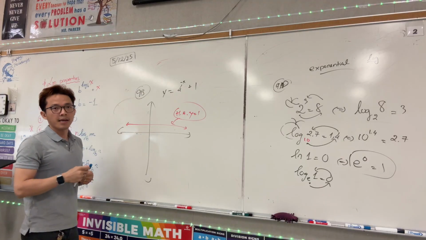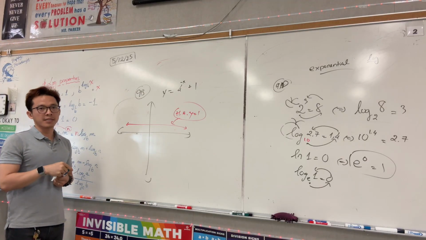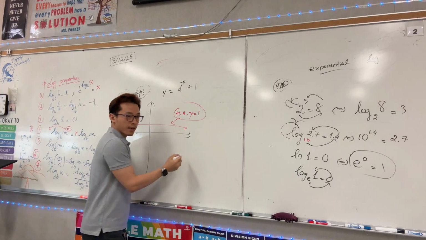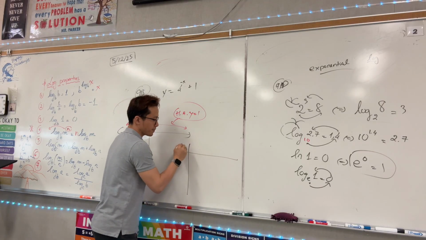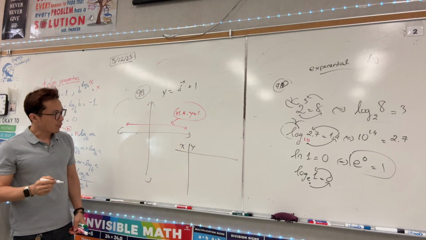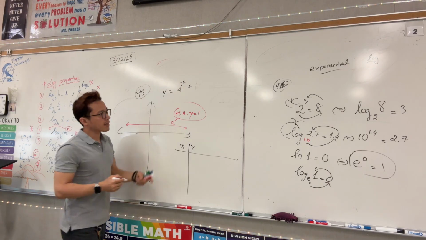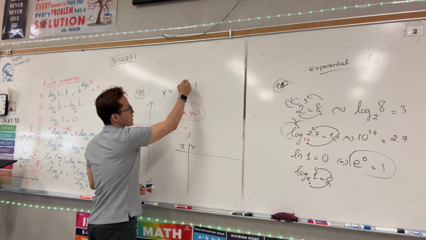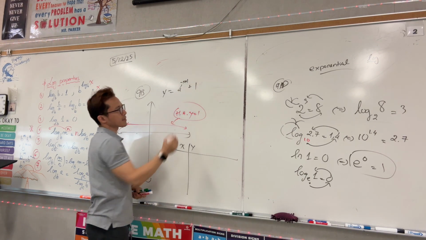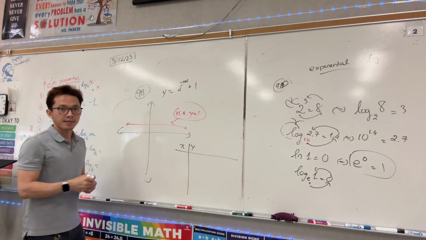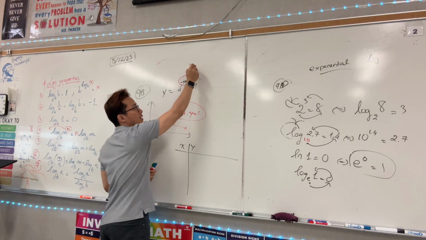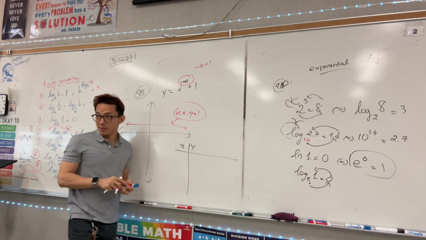Now, what's the next step? I'm going to leave that up on the board for you. Using the T table, what is a good number? 1, negative 1, 0. Right, but that is for the power. So what is the power here? The power is negative x plus 1, right?